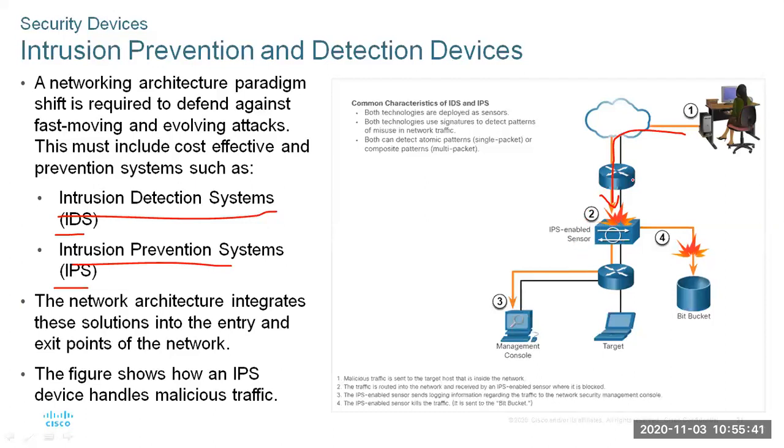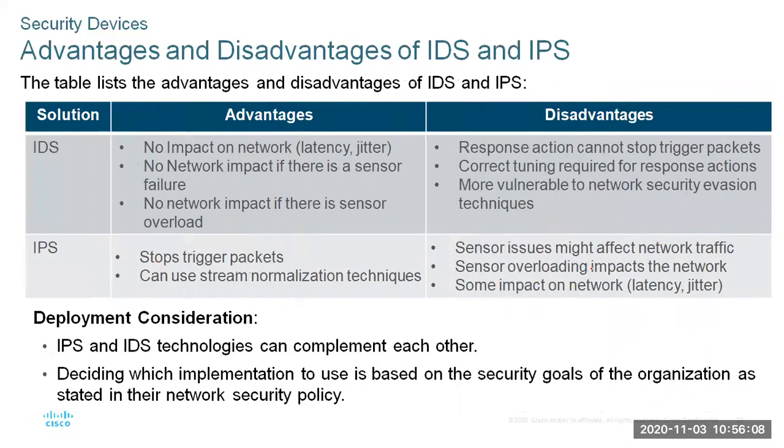But if it's able to pass through here and get to the management console, then the intrusion detection system will detect it and trash it here. The explanation of this is just to show us how it works.